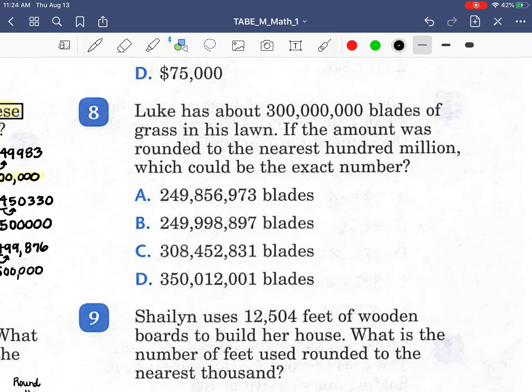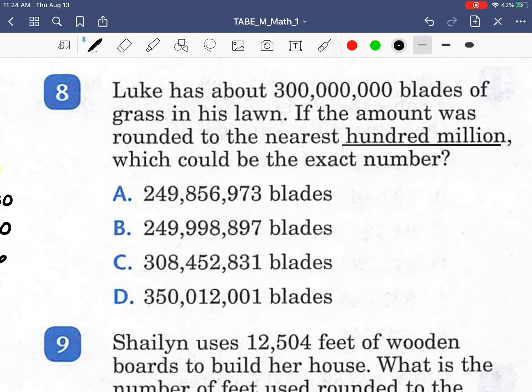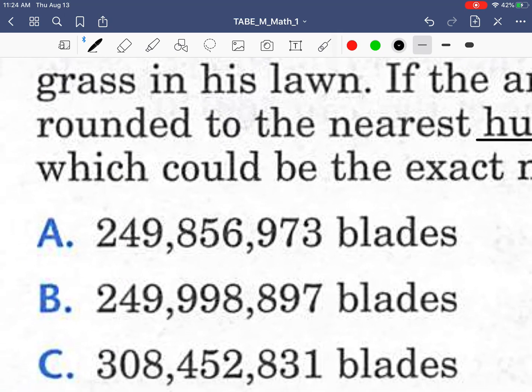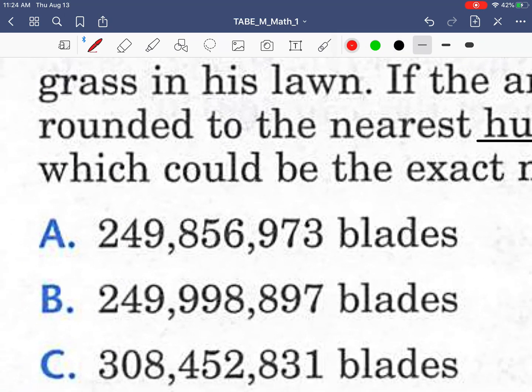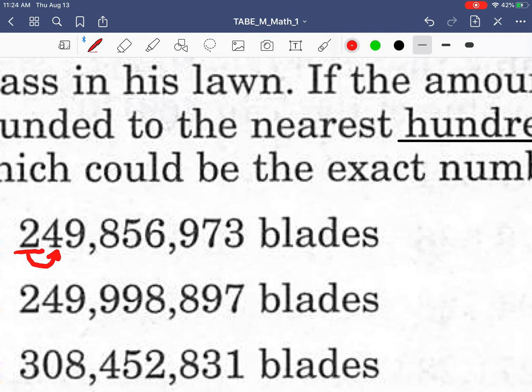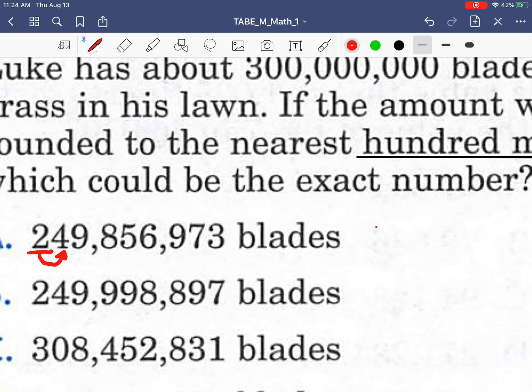100 million is our point of reference. So let me zoom in here really closely, and I'm going to underline the 100 million spot. Look at the neighbor, and the neighbor says stay, don't round. So we leave the 2, and then we round off the neighbors.